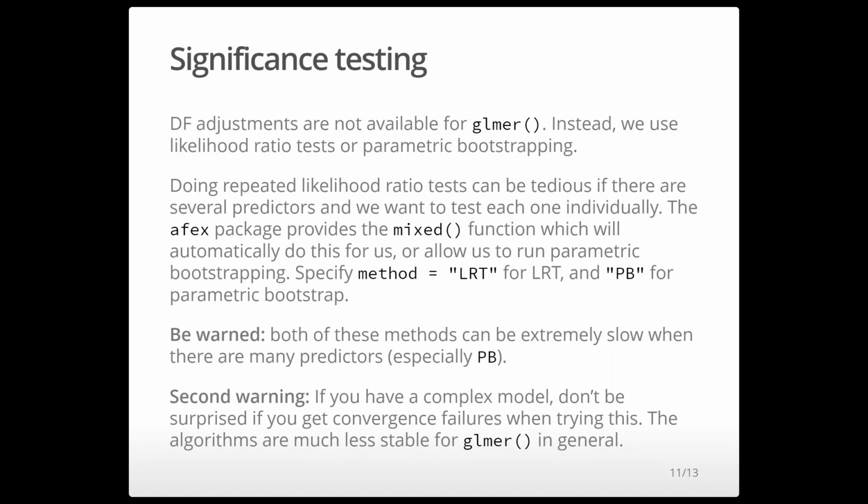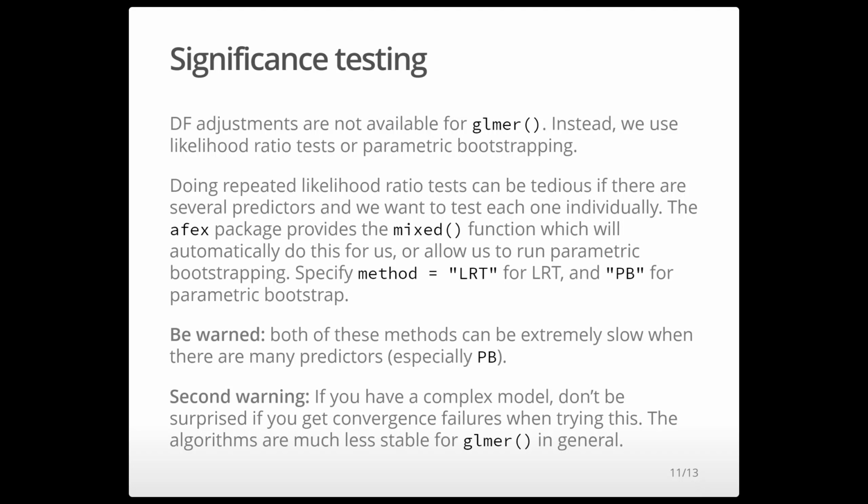So one issue is with significance testing, and that is that there is no known degrees of freedom adjustment for logistic regression in the same way there is for linear hierarchical models. So the most straightforward method is to do likelihood ratio tests, and we can do those for each parameter.